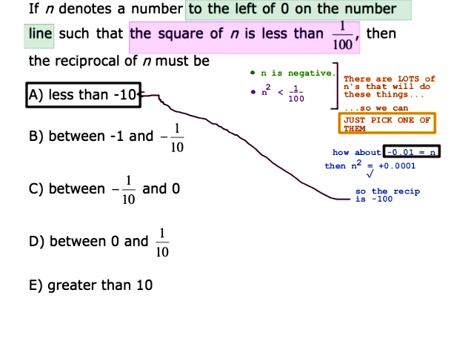Remember, there's no deception on this test, no tricks, no underhandedness of any type. When you see 'if n denotes a number that does this,' that is a hint that you can do this, because it means n is a number that does that, meaning there's more than one. It's not the only one.